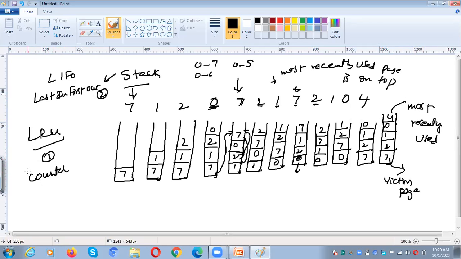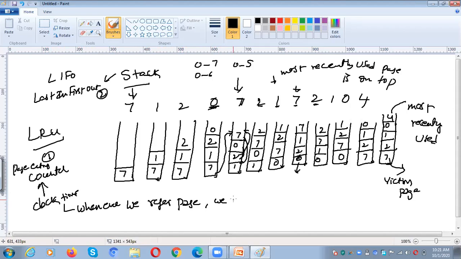What is the counter? We need to maintain a counter for every page entry. So what does a counter consist of? Clock time. Whenever we refer a page, we need to keep the clock time in the counter.